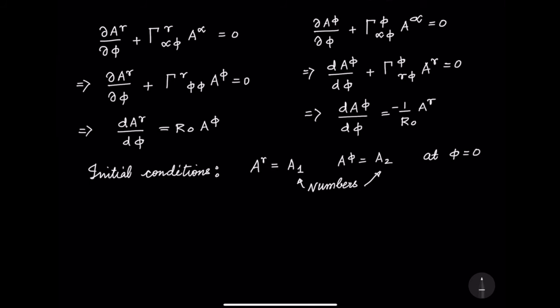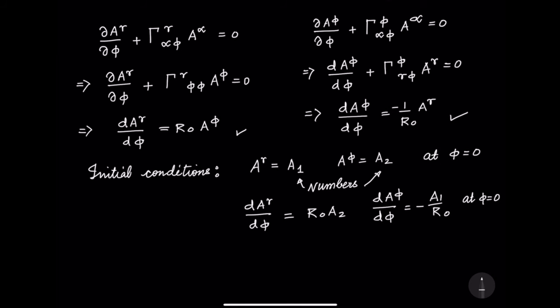Well, the equations here tell you that dAr/dphi is going to be R naught A2, and dAphi/dphi is going to be minus A1 by R naught, again at phi equals 0.